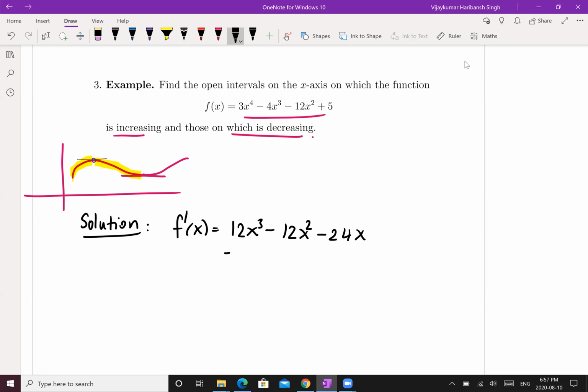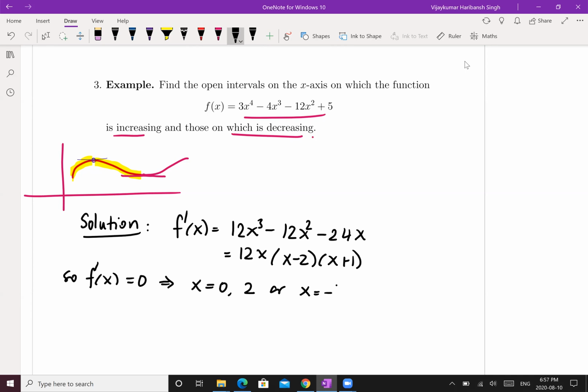And that can be written as 12x times x minus 2 times x plus 1. And so f prime x equals 0 would give us x equals 0, 2, or x equals minus 1.